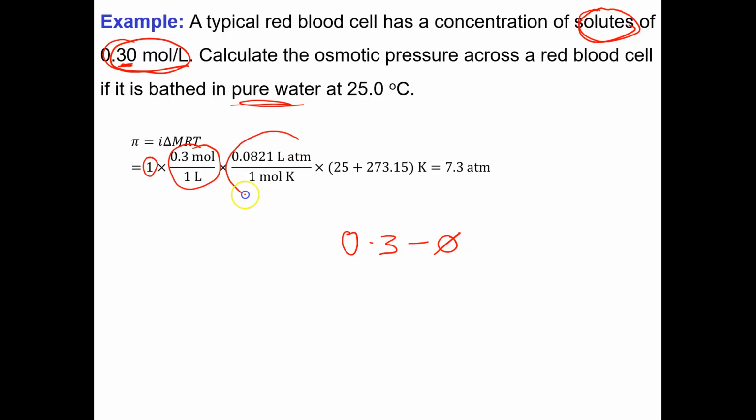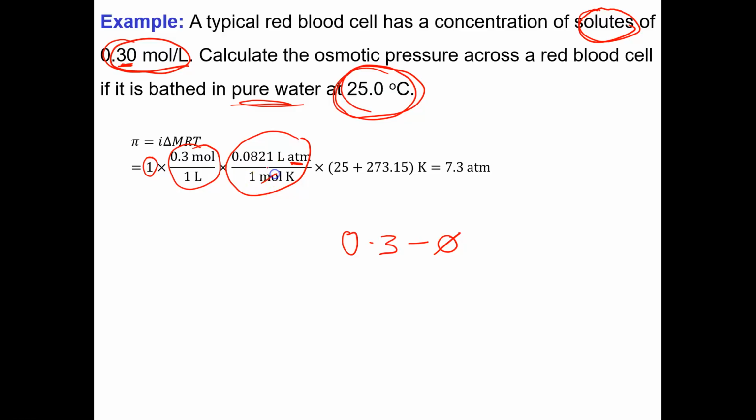Here is R. We need to be mindful to use the correct value. We're looking to solve for a pressure, so we need the units of R to have atm in them, because that's a unit of pressure. And then lastly, we have to multiply by the temperature, and considering the units for R lets us know that the temperature must be in Kelvin, so we have to turn our 25 degrees Celsius into Kelvin.